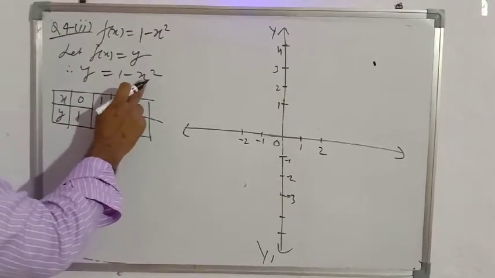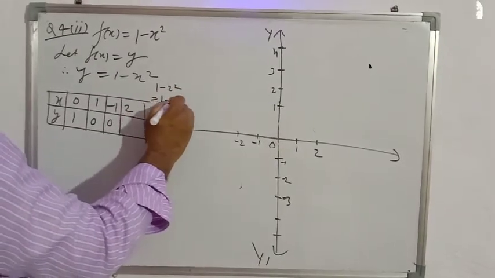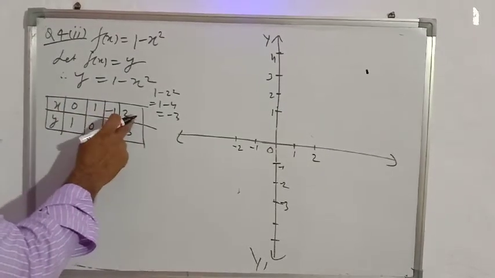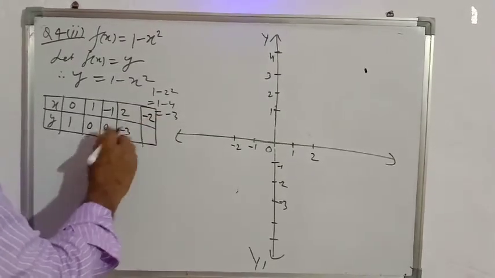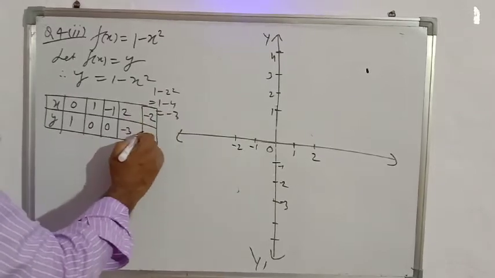Take x is equal to 2, 1 minus 2 square, 1 minus 4, minus 3. So if x is equal to 2, y will be minus 3. x is minus 2, minus 2 whole square is again 4, 1 minus 4, minus 3 will come.